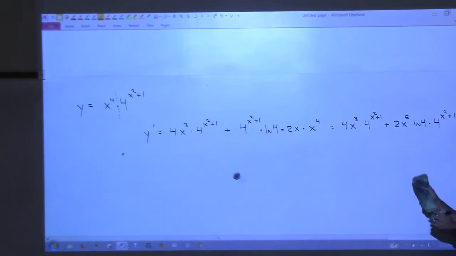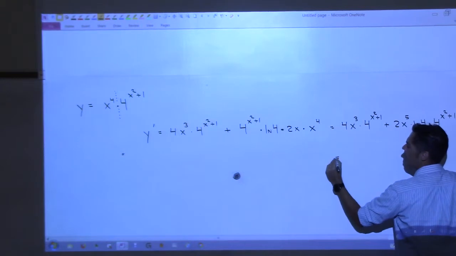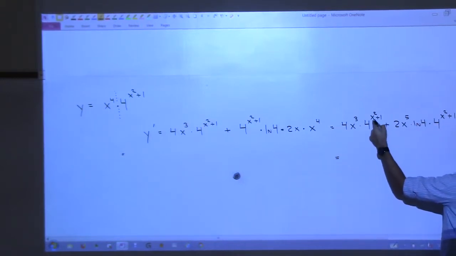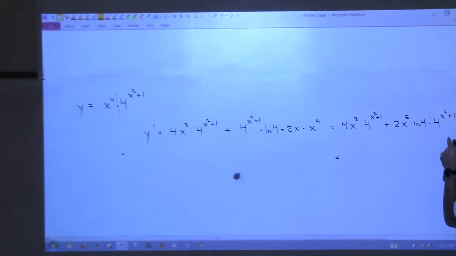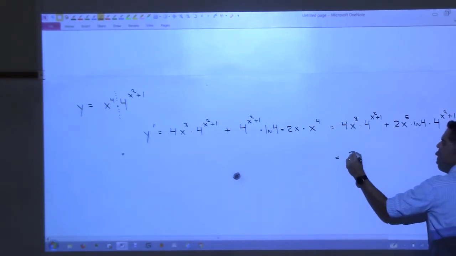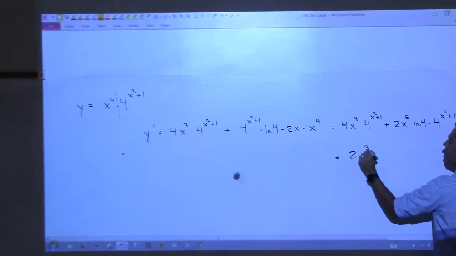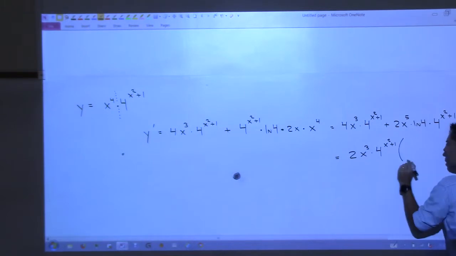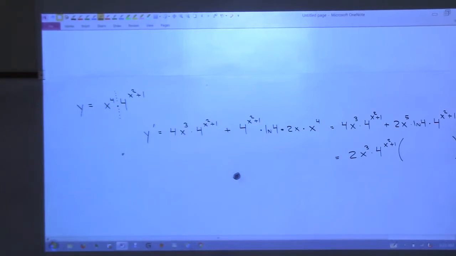So if I needed to set this equal to 0, I could factor out a 4 to the x squared plus 1, but then I could also pull out an x to the third power and a 2. So I could pull a 2 out, an x to the third, and I could pull out a 4 to the x squared plus 1. And what would that leave me with in here? 2?